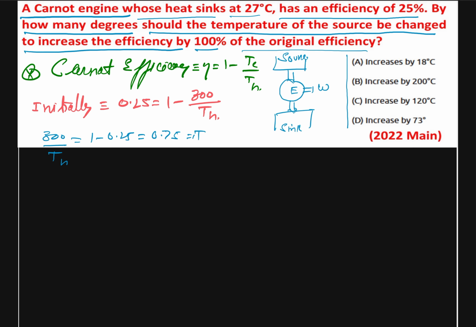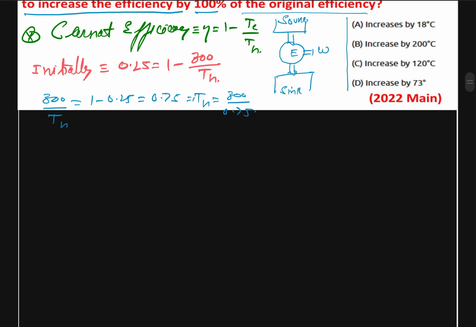This gives us T of H equal to 300 divided by 0.75, so T of H is equal to 400 Kelvin.